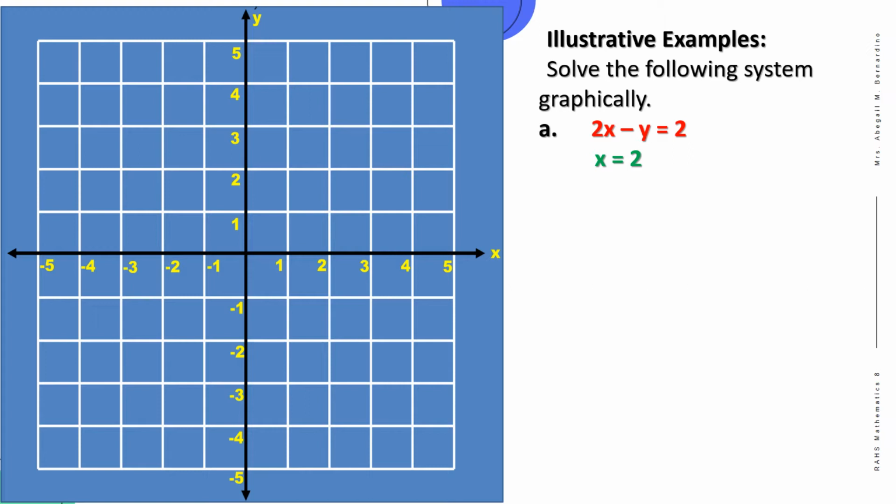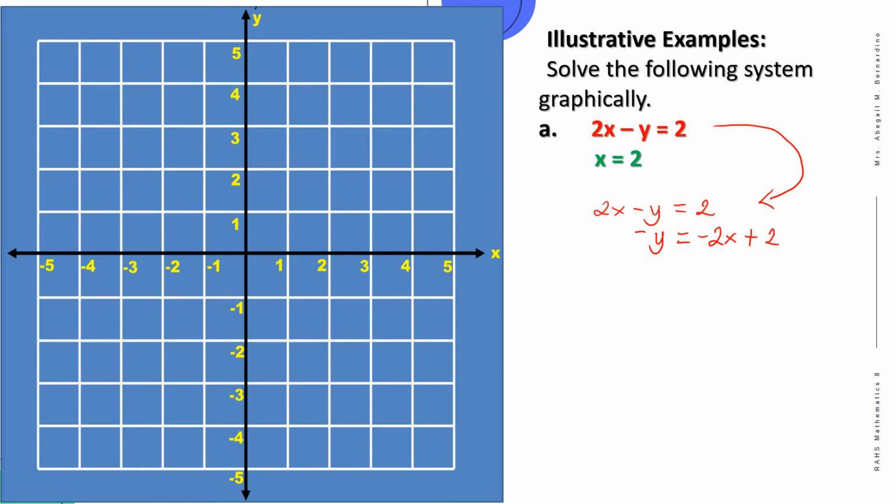The first thing we have to do is change the first equation into slope-intercept form. So we're going to have 2x minus y equals 2. Then, negative y equals negative 2x plus 2.